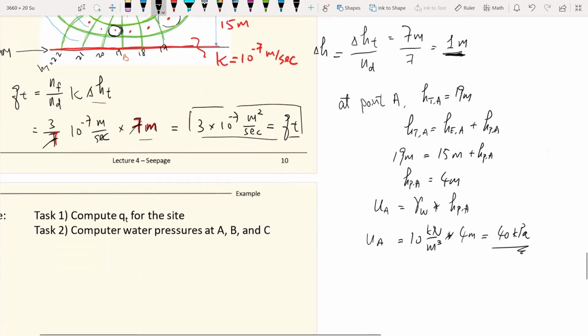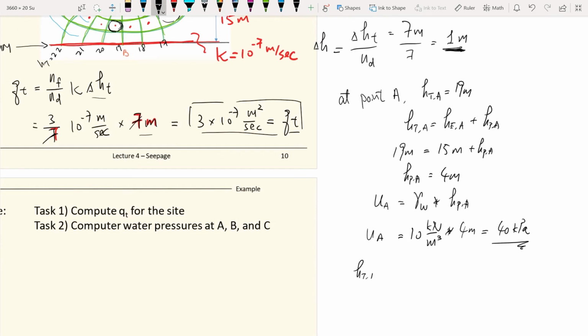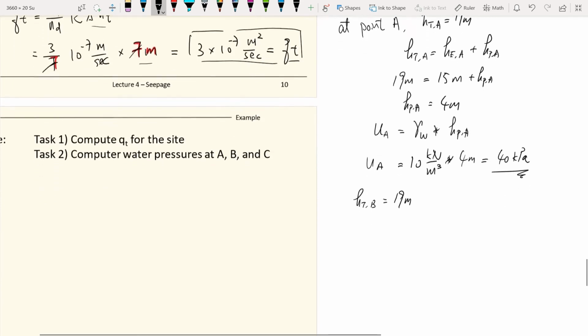Okay, similarly, let's do it for point B. The total head at point B is also 19 meters, because point A and point B are both on the same equal potential line, which is 19 meters. That is equal to the elevation head at point B plus the potential head at point B. And the elevation head is where the datum is, so this is 0.